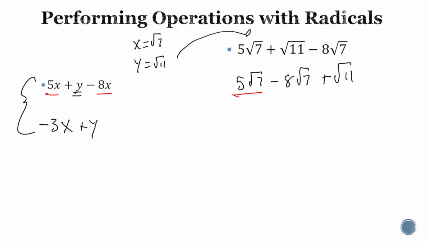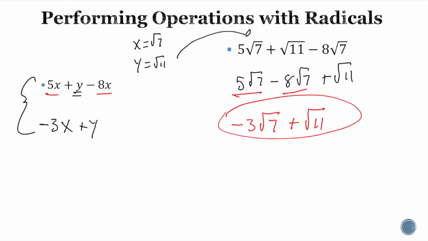I have the square root of 7 and the square root of 7. And I'm going to combine them just like I did in the other example. 5 minus 8, still negative 3 times the square root of 7. And I don't have any other square root of 11s, so I'm going to simply put plus the square root of 11. And that's it.